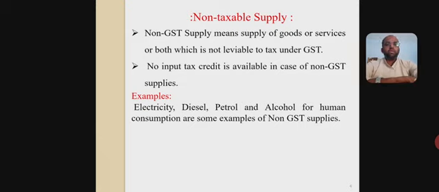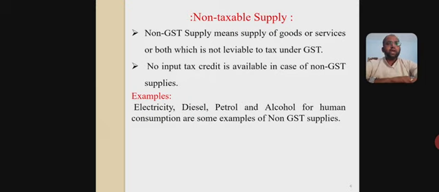It means these are supplies of goods or services which do not attract any GST, either 0% or exempted or anything. It is not liable to tax under GST. Sometimes it is called out of scope of supplies. It means these are goods or services which do not fall under the GST.